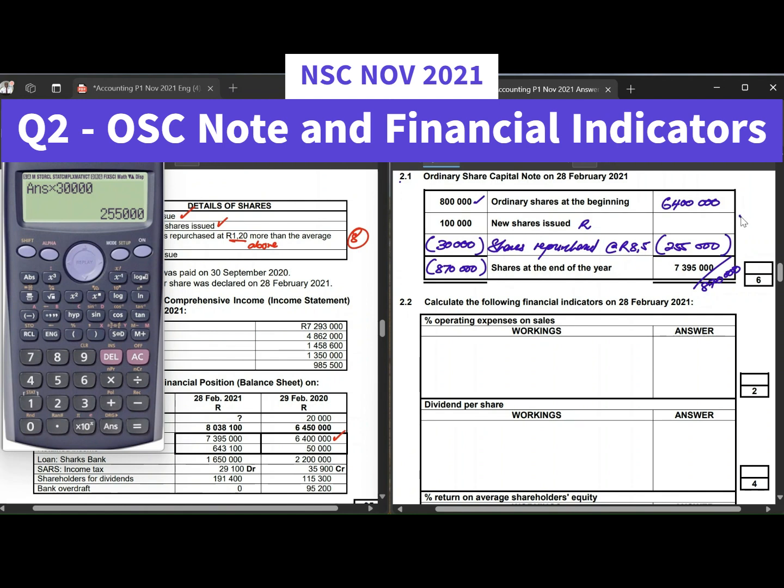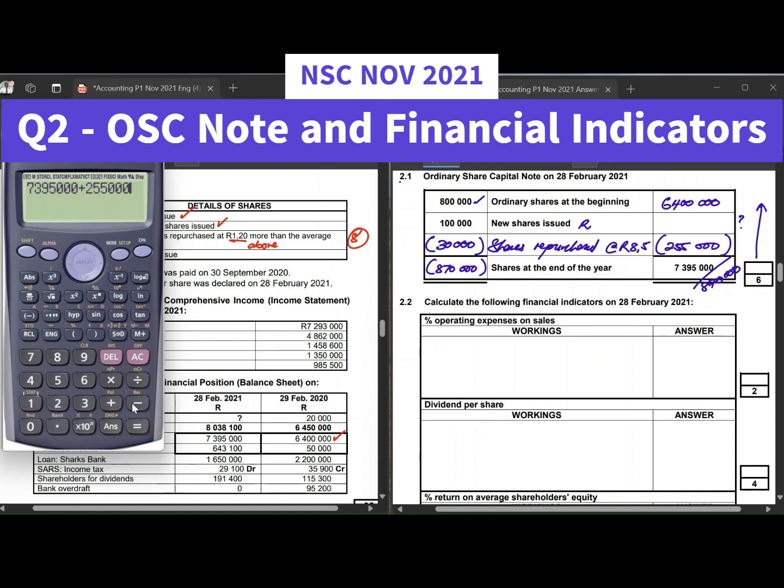I now need to get that amount up there, which is for the new issue. So I do the bottom up. I do the reverse of the signs. So I'll take my 7,395,000 and then I add the 255,000. I add the 255,000 instead of subtracting it because I'm now doing the opposite.